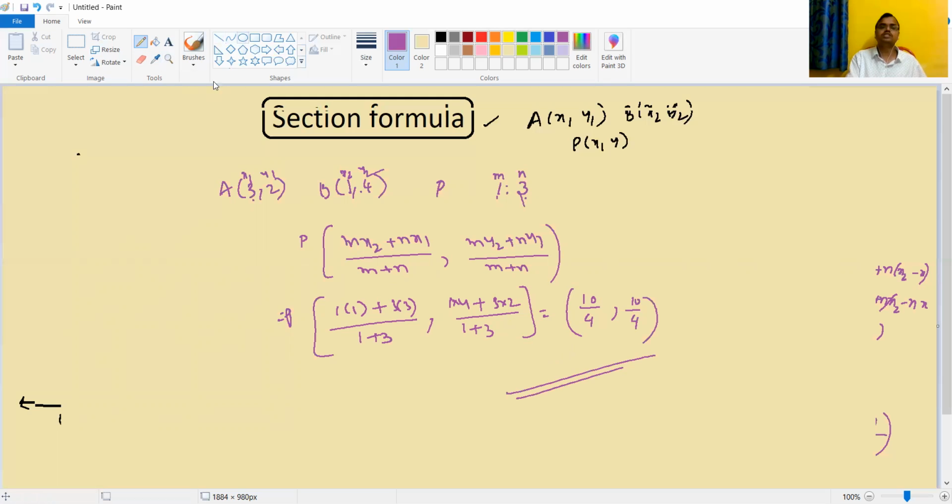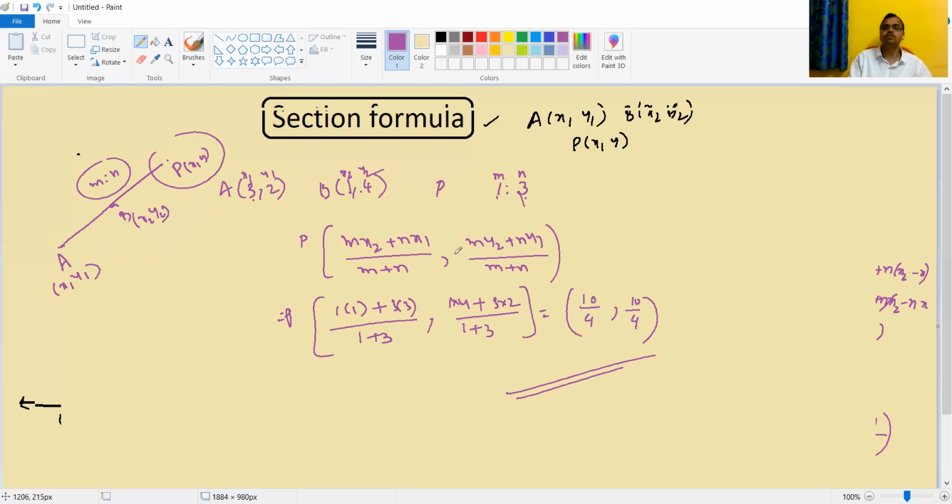Okay, if it is external division, suppose point A is x1 y1, point B is x2 y2, and there is a point P which divides AB in the ratio m is to n externally. Here P is exterior of AB now. Therefore, P divides AB in the ratio externally.